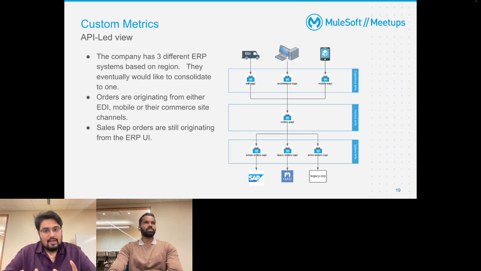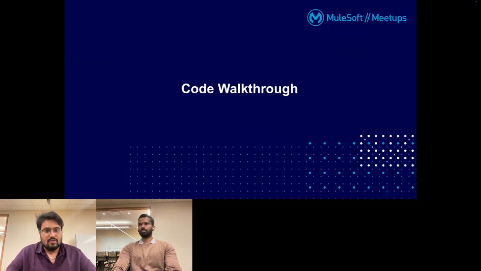As they deal with multiple ERP systems, segregating and validating this data became more of a challenge. Orders are generated from EDI, mobile, or other options. The biggest challenge here is that sales rep orders still originate from their ERP UI, and we'll see how best we can redesign the custom metrics to demonstrate all this information.